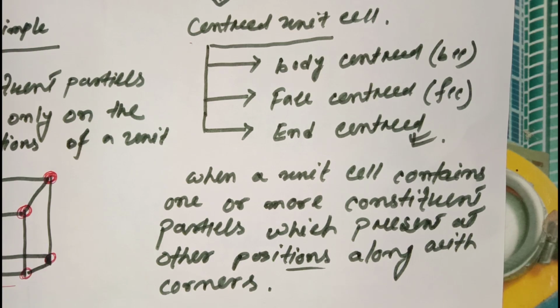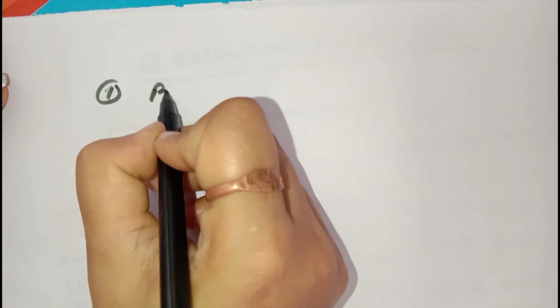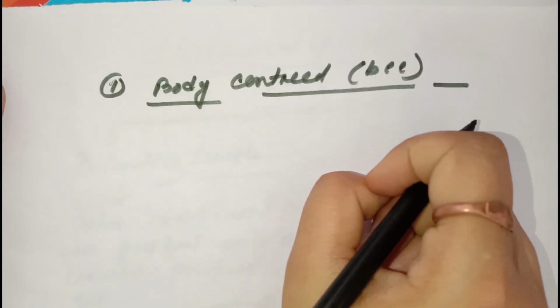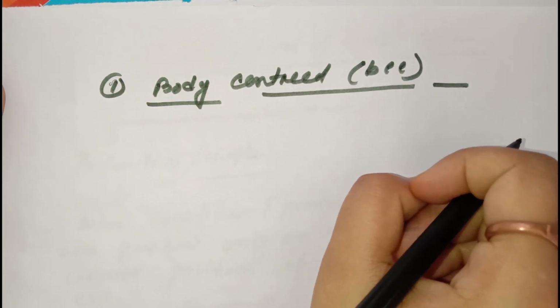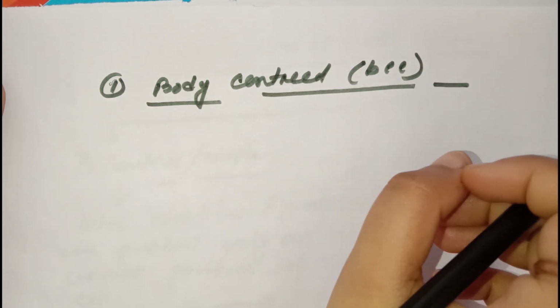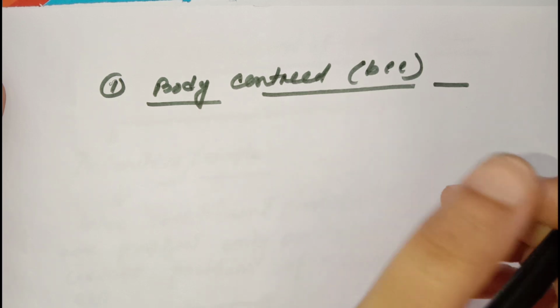Now see what is body centered or BCC unit cell. In this type of unit cell, the constituent particles are present at the 8 corners, also at the center of that system.